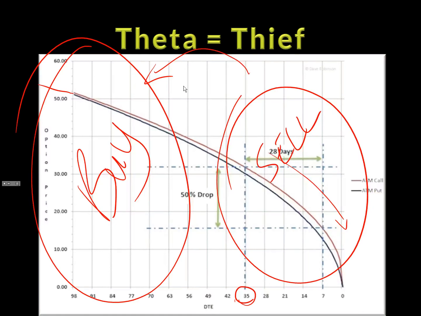If we can offset the theta and a lot of the implied volatility, then why not go out in time anyway, right? We're buying ourselves more time to be right, which is another beauty with using this strategy.